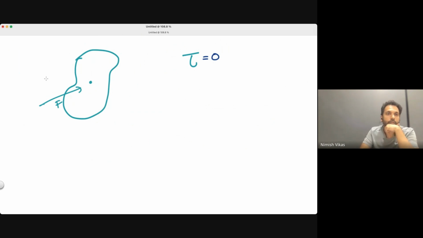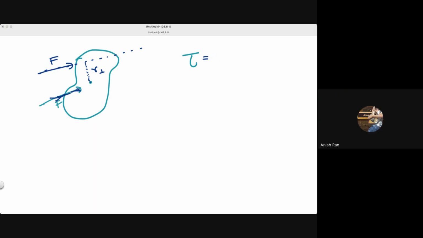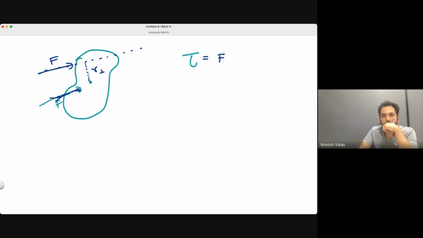But if the force was acting somewhere else, not here, then how much is the torque? You will draw a line of the force, and from the center of mass, you will drop a perpendicular on it. This we call R perpendicular. People somehow get confused and make it wrongly. And the torque now would be equal to R cross F, which gives you F into R perpendicular.